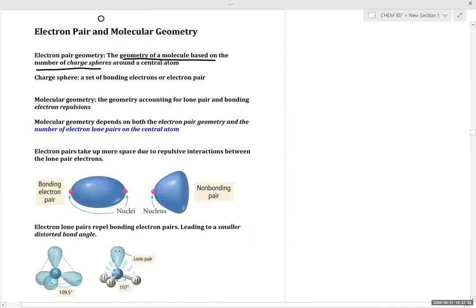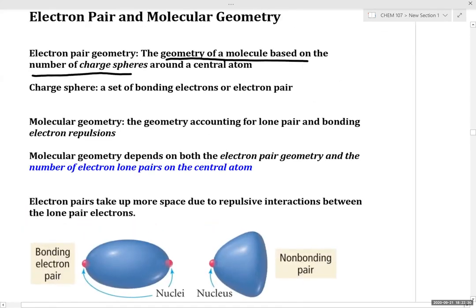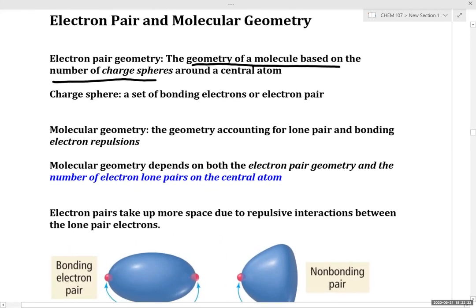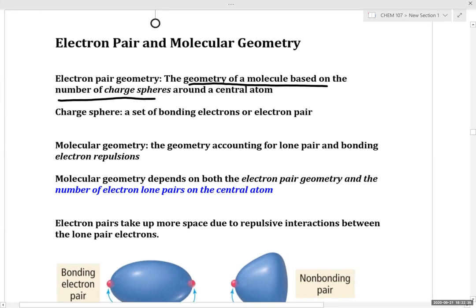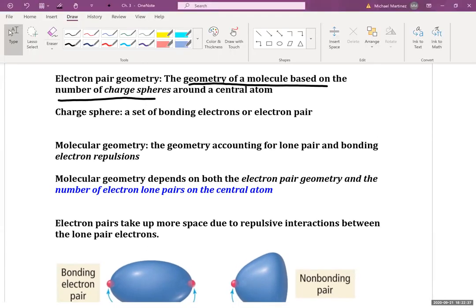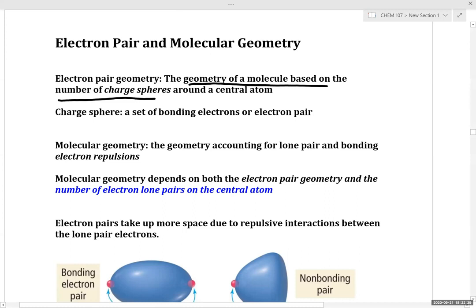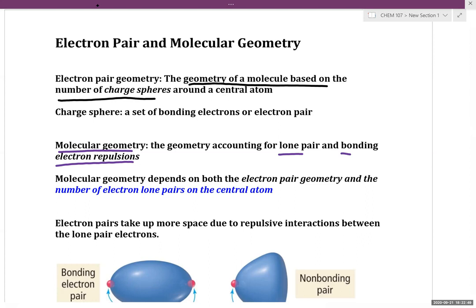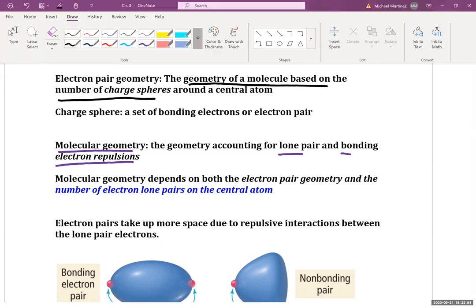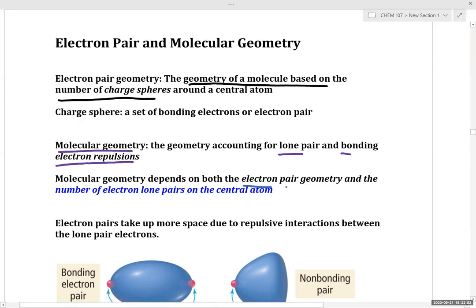The other geometry, which is more specific and more nuanced and provides the most accurate description of our molecule's shape, is known as the molecular geometry, which is the geometry accounting for lone pair and bonding electron repulsion. Molecular geometry depends on the electron pair geometry and the number of electron lone pairs on the central atom.